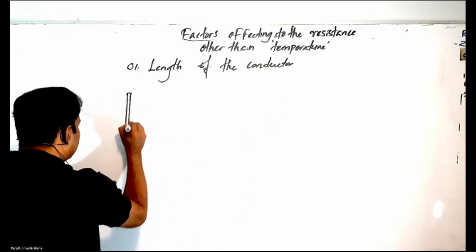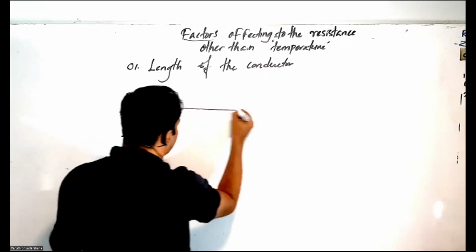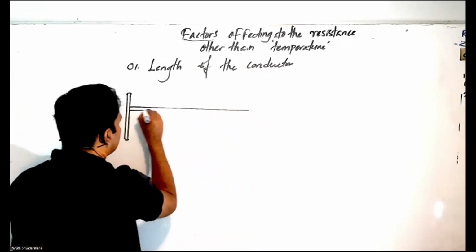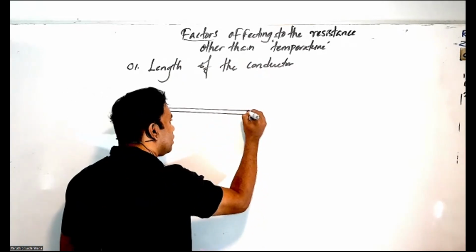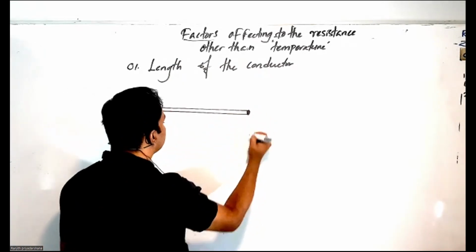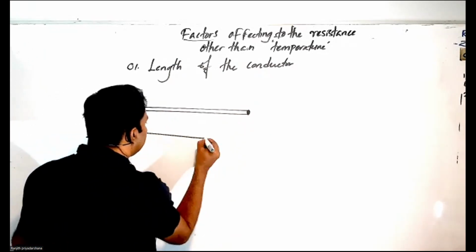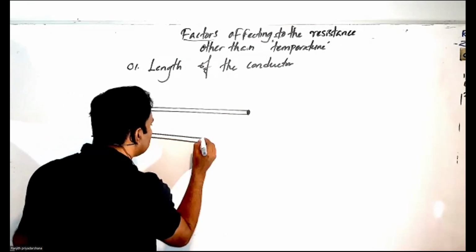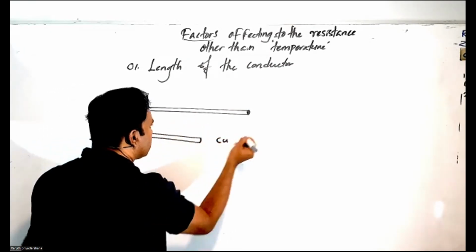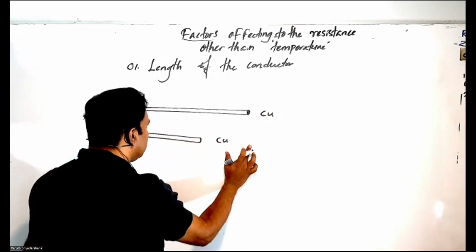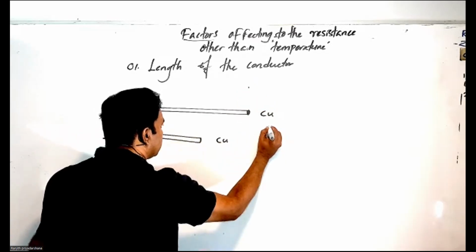So when you check that, you have to keep all other factors constant except the length. We take the same cross-sectional area, that means same gauge, same material. Okay, I got these 2 copper rods, same material at the same temperature. Temperature is constant.